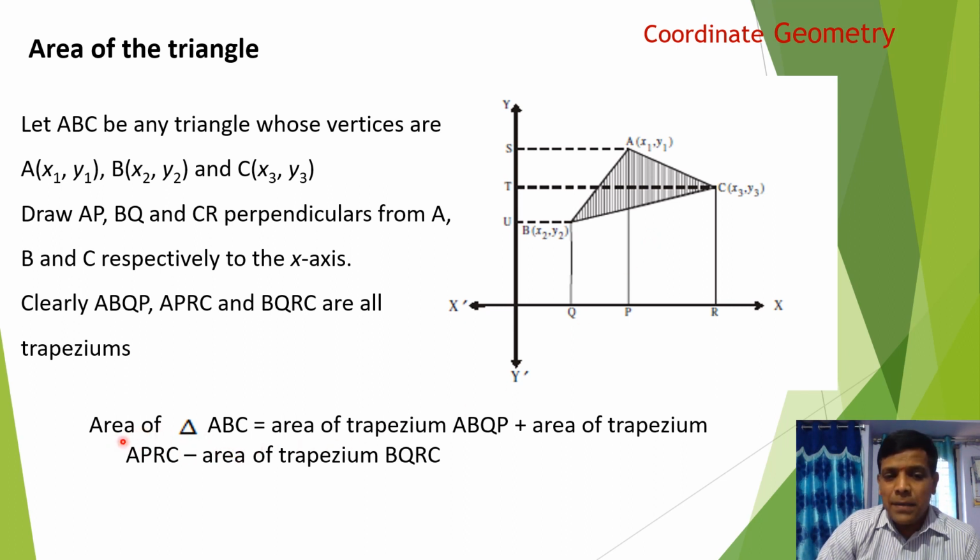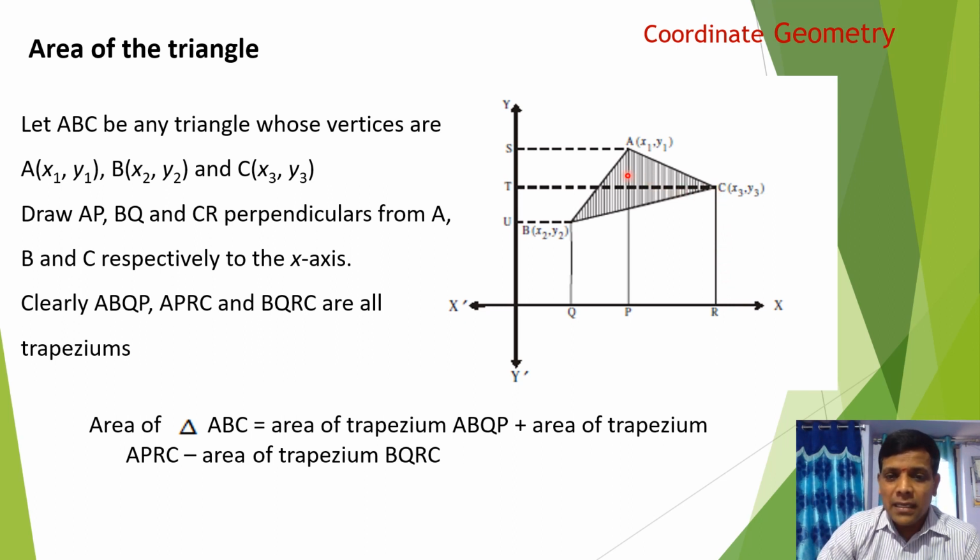Area of triangle ABC is written as area of trapezium ABQP plus area of trapezium APRC, and then minus area of trapezium BQRC.